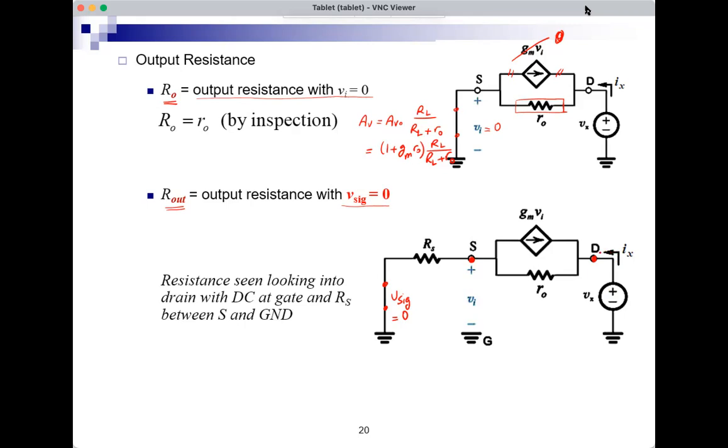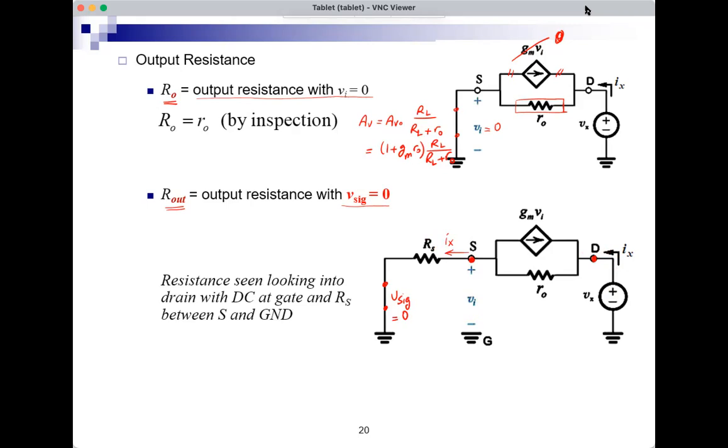Now, Vi is no longer 0 because Ix continues here. So there is a potential drop across Rs, which is Ix times Rs, and that's equal to Vi.